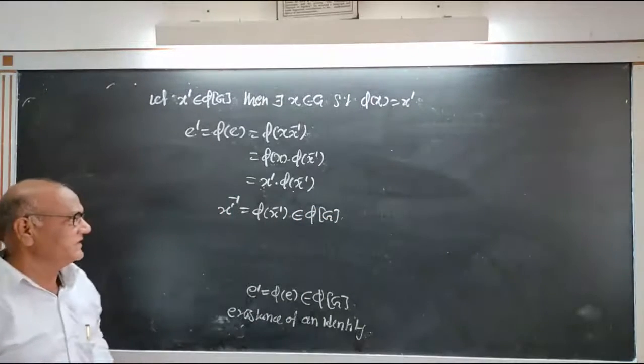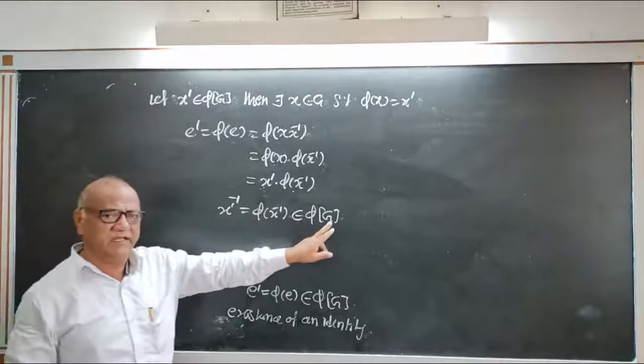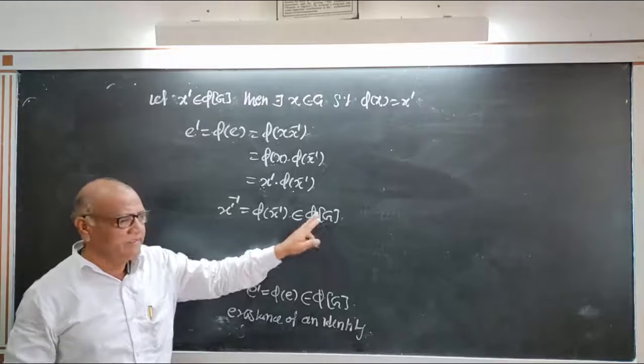That means every element in phi of G has an inverse.